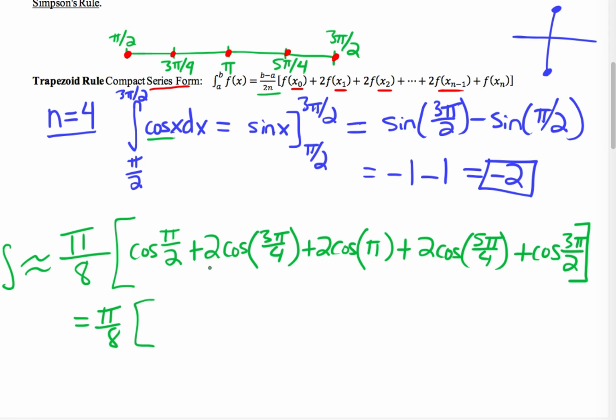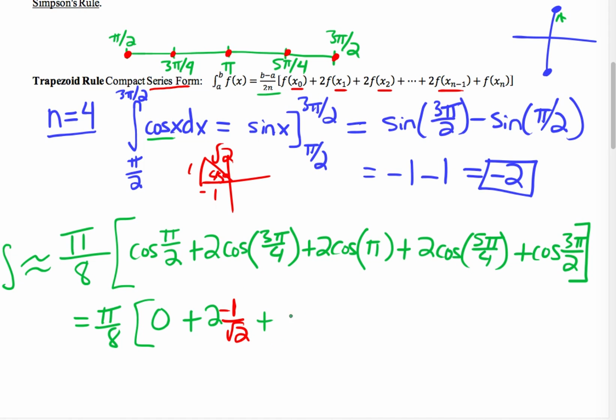So you can see that each one of these is just a unit circle calculation. So cosine of pi over 2 up here is 0, so that's nothing. Plus 2 times the cosine of 3 pi over 4. I think I'll do that here as a little unit circle computation. 3 pi over 4 is 45, 1 square root of 2, negative. So that's going to be 2 and negative 1 over the square root of 2.